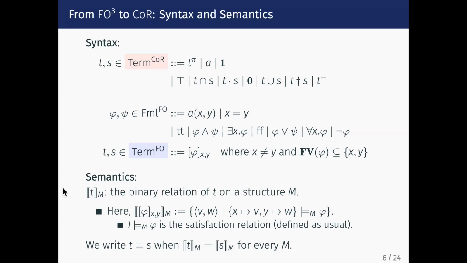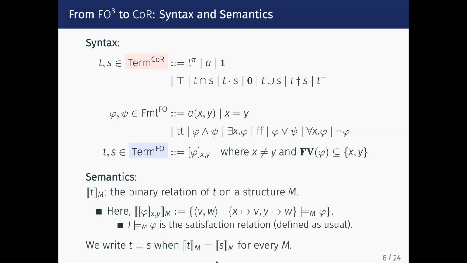And this denotes the binary relation of T on a structure M, where M is a structure of binary relations. So we say that two terms T and S are equivalent when, in every structure, the binary relations represented by T and S are equivalent.